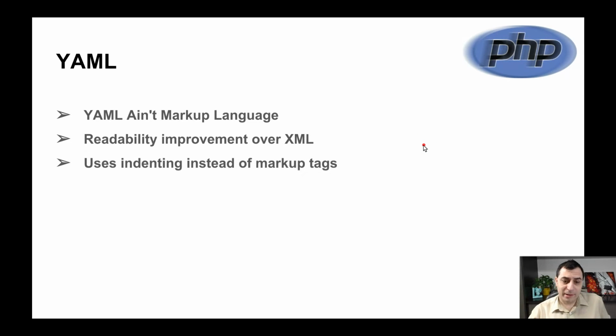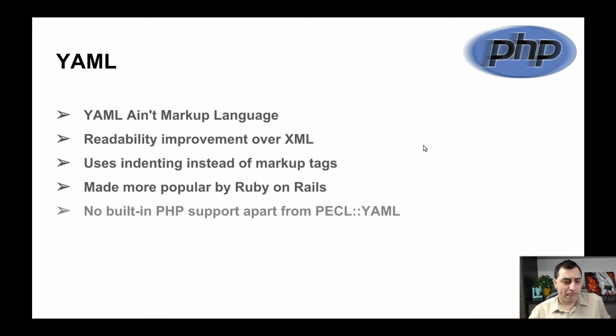It uses indenting instead of markup tags, so you can identify what values are contained in other values. Despite it is not recent, it was made more popular when the Ruby on Rails framework started adopting it.